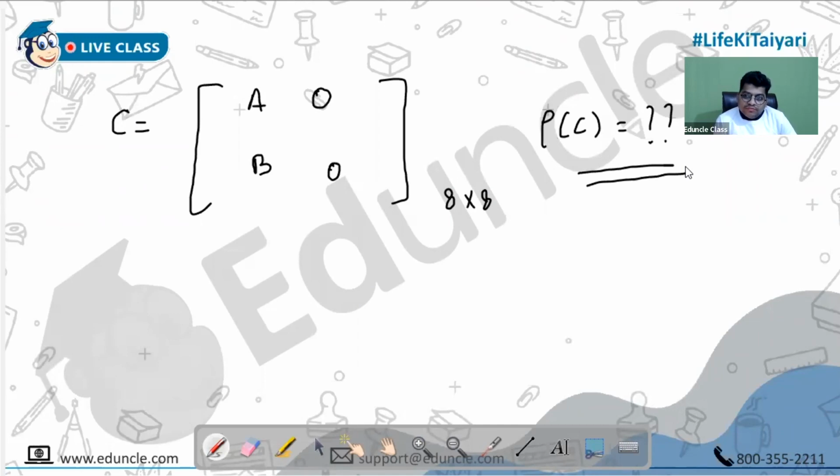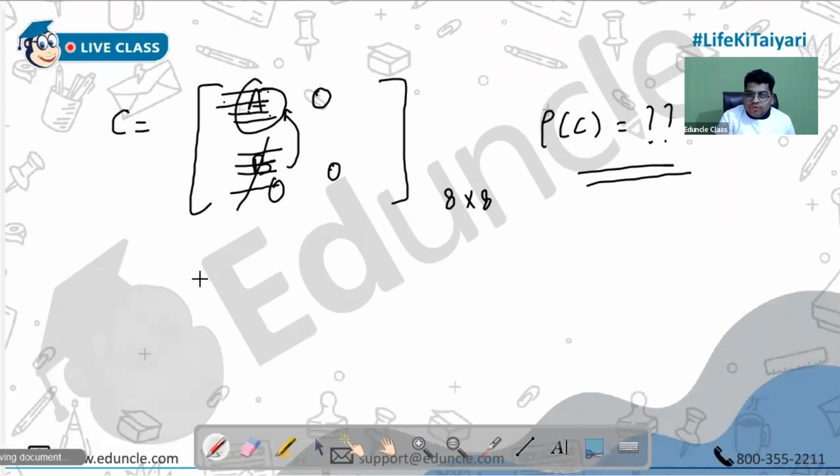Basically, you have 4 rows which are linearly independent, and the rest can be written in this form. So these will all be cancelled and become 0 by the vector space theory, linear independence and dependence theory. So the rank of this is 4. I say the rank of C is 4. If you know these things, then you can solve the problem easily.